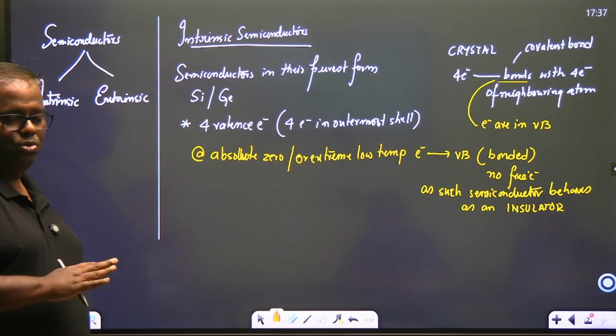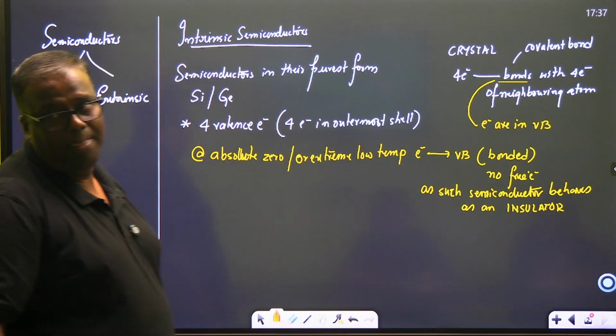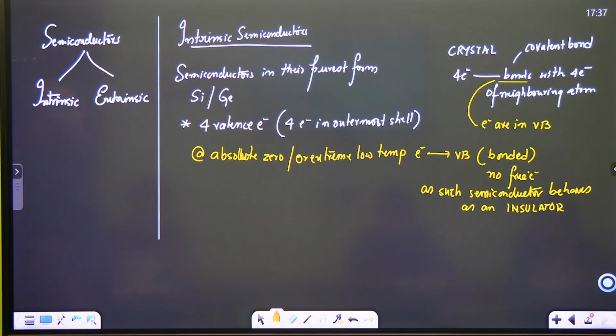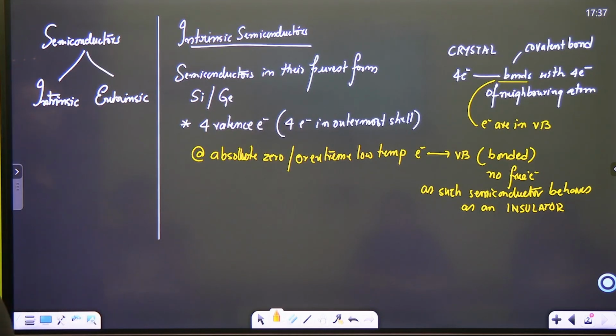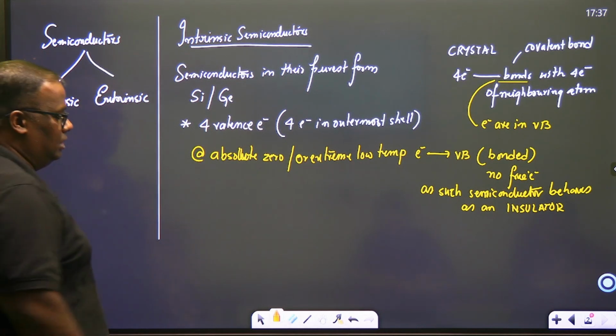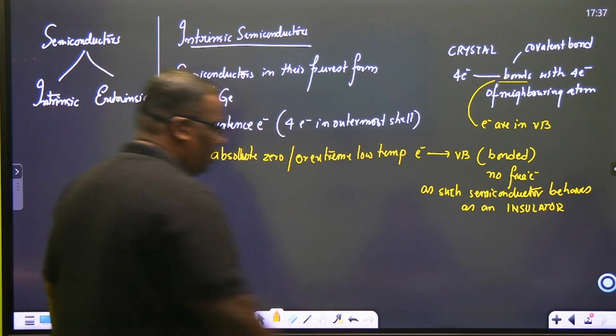As such, they do not leave any free electron, and thus the semiconductor behaves like an insulator and will not conduct. This is an intrinsic semiconductor at absolute zero. Done? Shall we go ahead now?